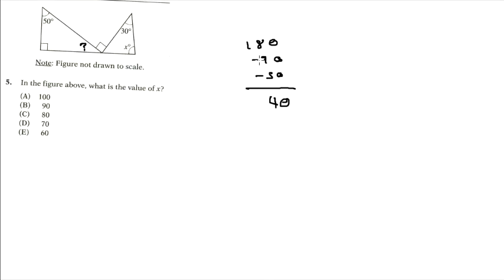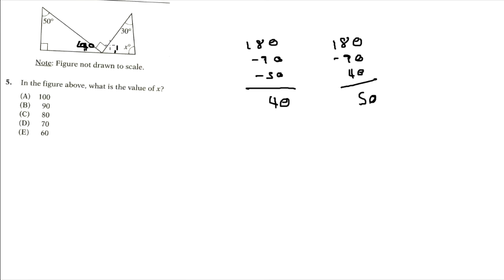Right, 180 minus 90 is 90, and then 90 minus 50 is 40. All right, so if this here is 40, this is 90, and all of this here is 180, we have 180 minus 90 again minus 40 is going to then be 50, looks like.